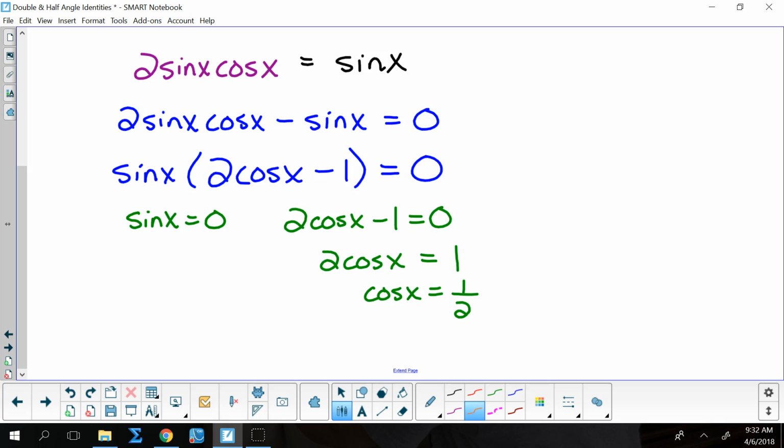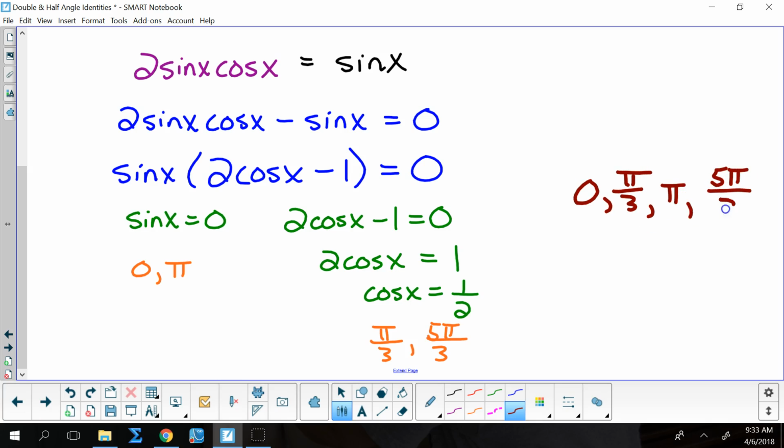Where is the cosine of x equal to 1/2? So I put those all together and I say 0 and pi over 3 and pi and 5 pi over 3 are my answers.